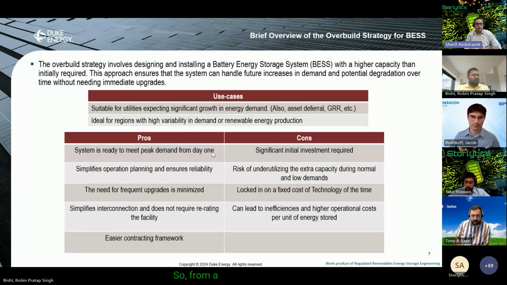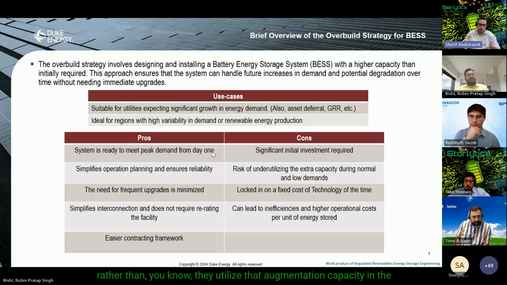So from what we've seen in the past, folks who are planning on an AC augmentation strategy already have their interconnection capacity set, and they build into it, rather than utilizing that augmentation capacity in the first deployment and then putting in other interconnection requests.